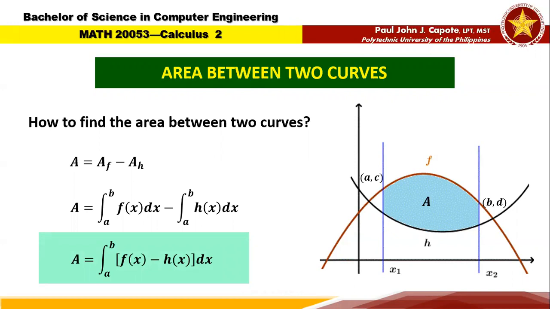Simplifying this, we get the general formula to finding the area between two intersecting curves, and that is area is equal to the definite integral of f of x minus h of x dx from a to b.